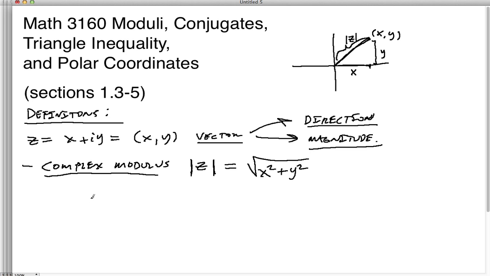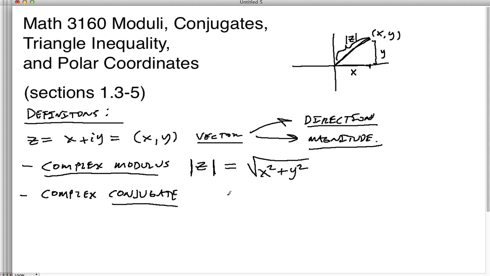The second thing we're going to talk about is the complex conjugate. When I say conjugate, if you look it up in the dictionary, it usually means that two objects are paired in some very important way.